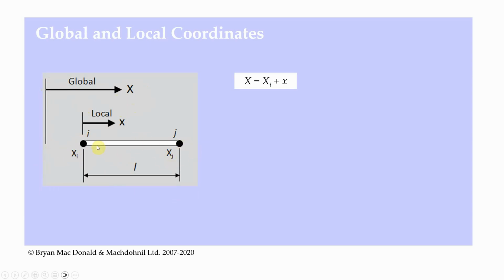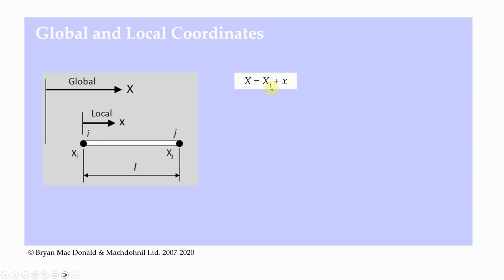But we could also have used a local coordinate system. The local coordinate system has its origin at the left-hand most point on the bar segment, and in this case it's given a small x. Essentially the points here have two coordinates, which are 0 and L, the length of the bar segment.